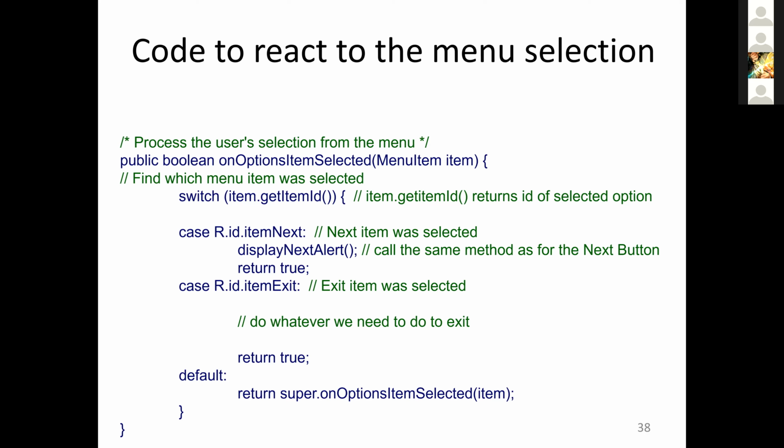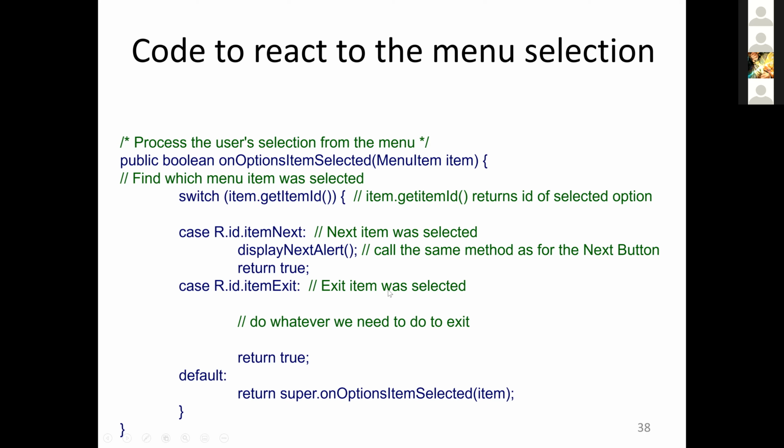Essentially, it takes an item and then we use a switch. We get the ID of the item the user has selected. If the user has selected item next, that's the ID, then we display next alert. That's why we are invoking the method displayNextAlert. And then we exit the switch statement. Then the other one is R.id.exit.